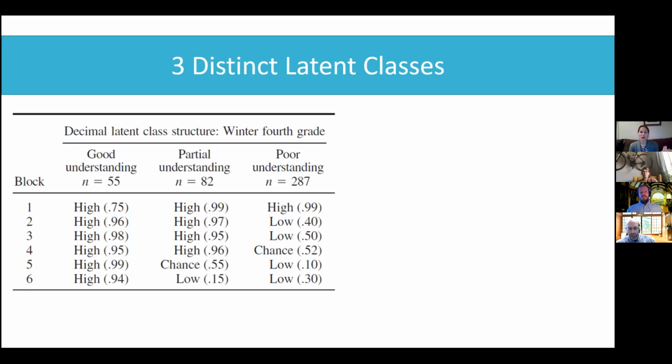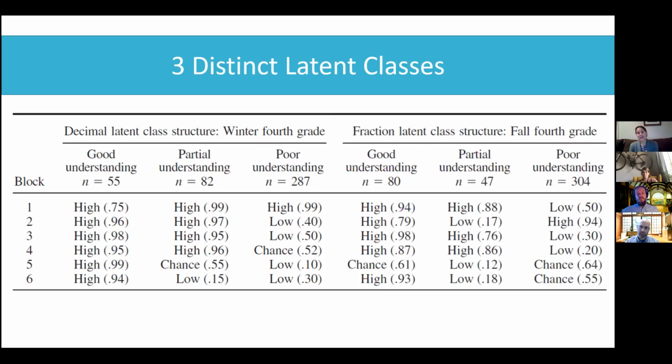It was just that the items where whole number bias would hurt them. They were still using that whole number bias. And then there was a group, our largest group, of poor understanding, where they really still were using whole number properties and a place value bias to really navigate this task. And in some ways, this is right around when they're really getting this instruction, and perhaps they're disadvantaged kids that we're seeing that large of a number.